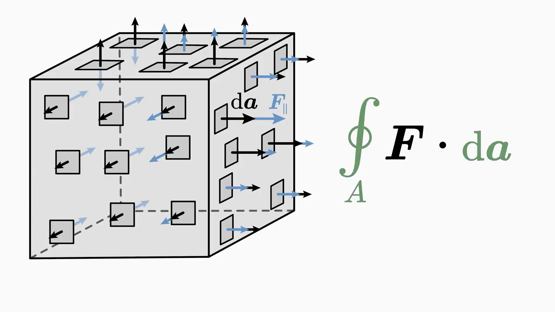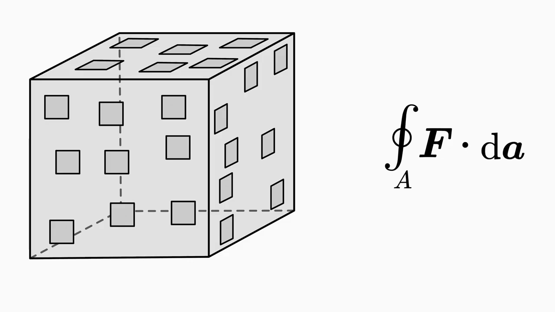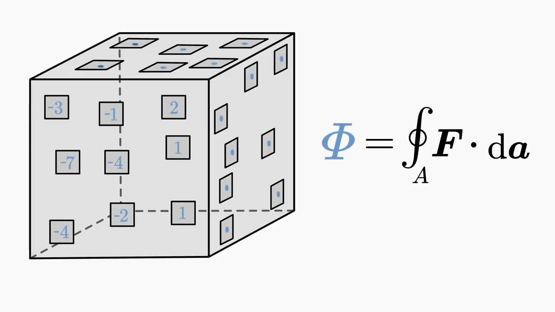Such an integral in which small pieces of a surface are summed up is called a surface integral. If, as in this case, the integrand is a vector field, this surface integral is called the flux phi of the vector field F through the surface A. This description is based on what this surface integral means.